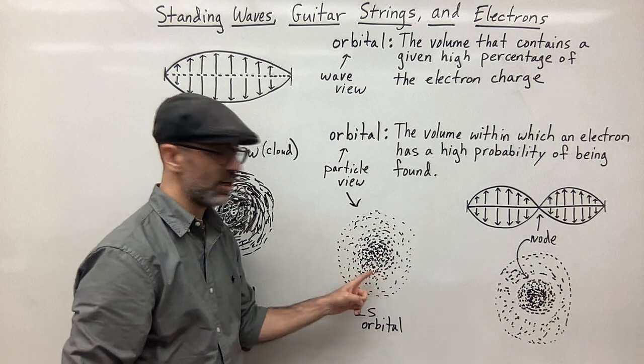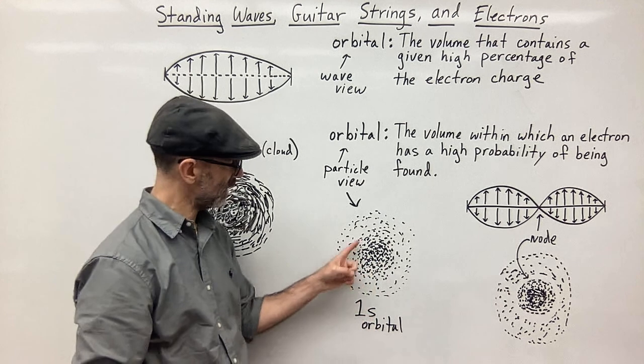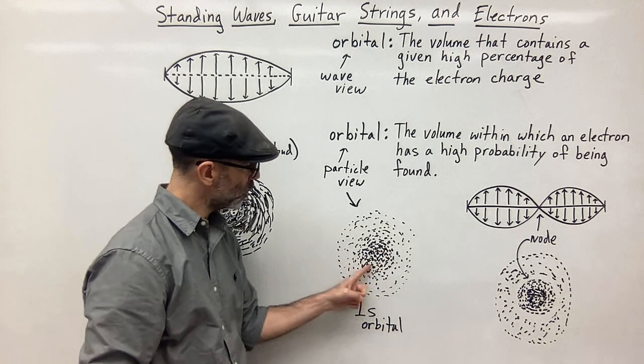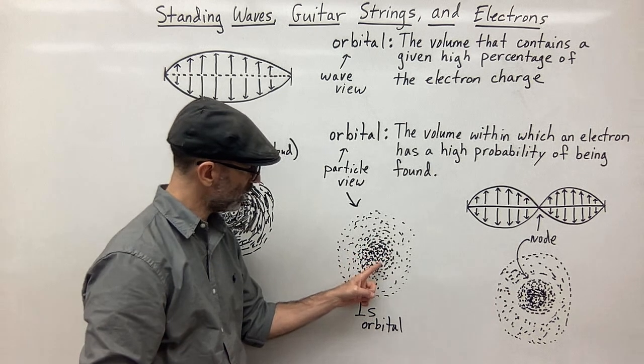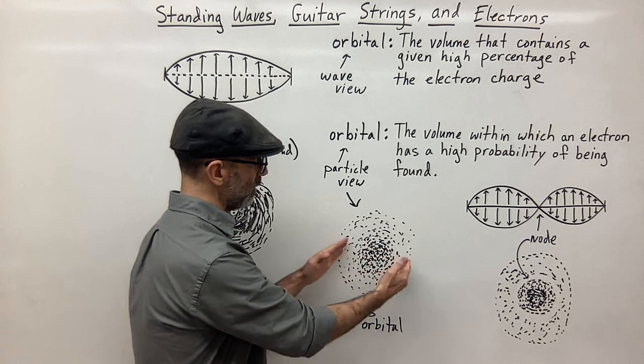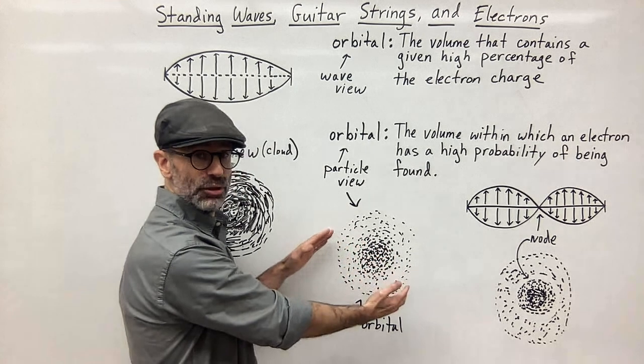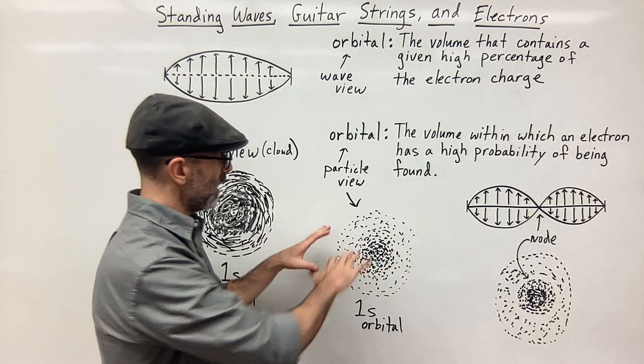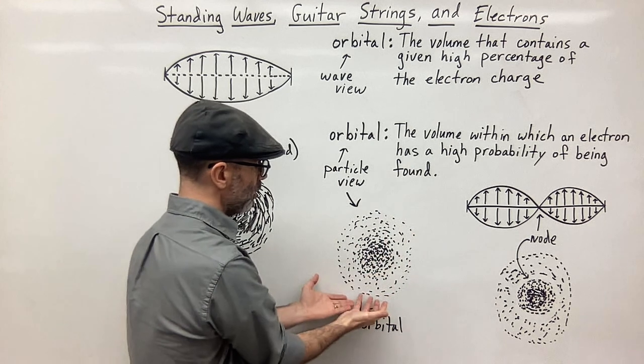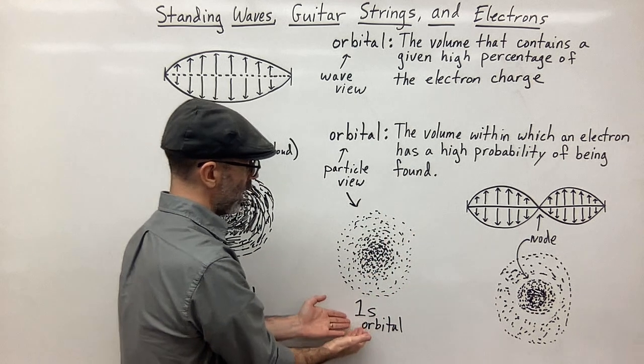So what that's telling us is that the probability of finding the electron is greater towards the nucleus, and the probability of finding the electron is less as you get farther away from the nucleus. And so this probability map represents the 1s orbital.